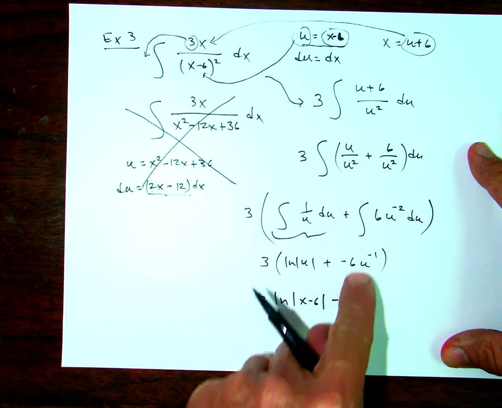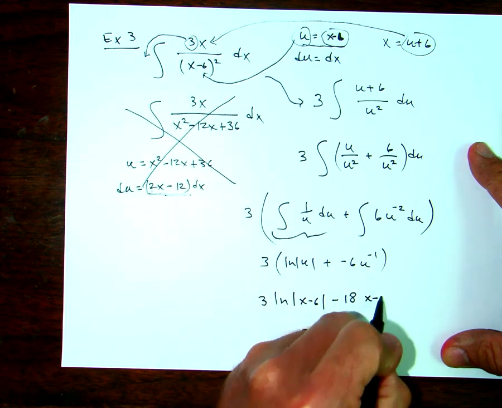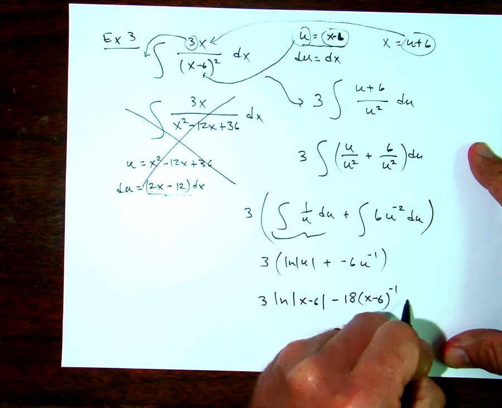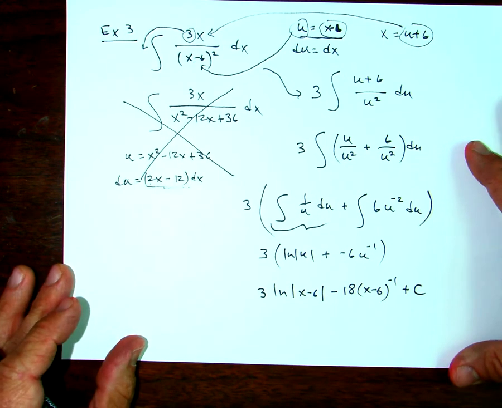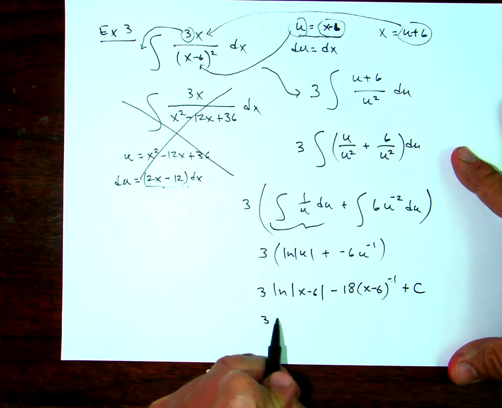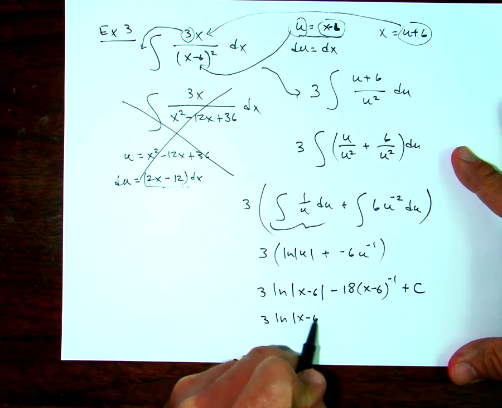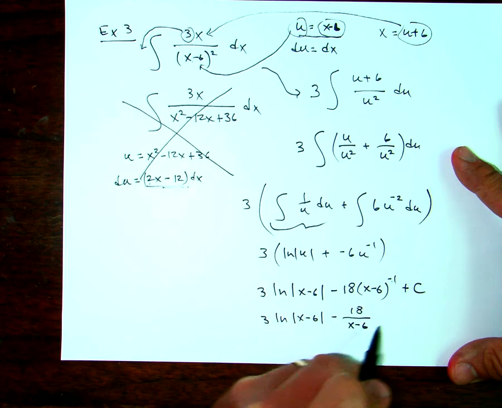And then u to the negative 1 is x minus 6 to the negative 1, plus c. Finally, just to simplify one step further, usually we put this in the denominator. So I've got 3 ln absolute value of x minus 6 minus 18 over x minus 6 plus c.